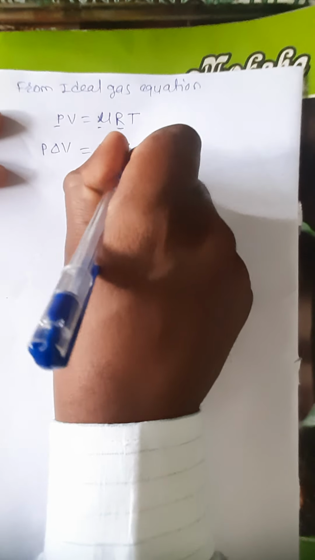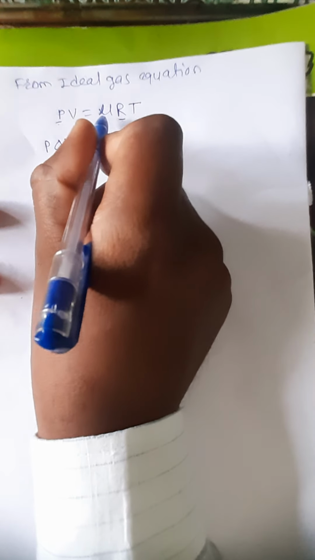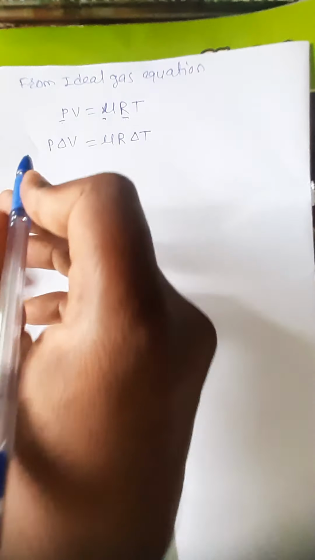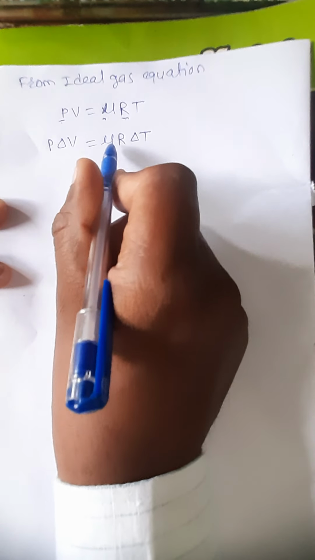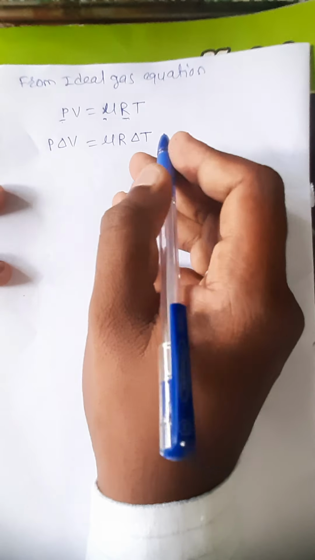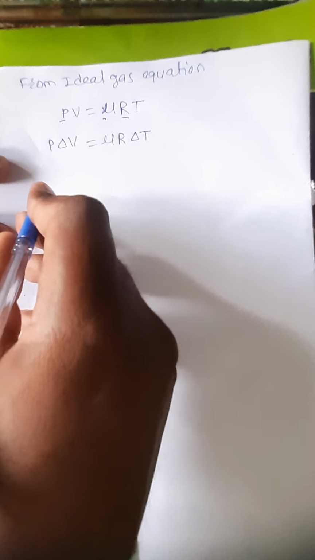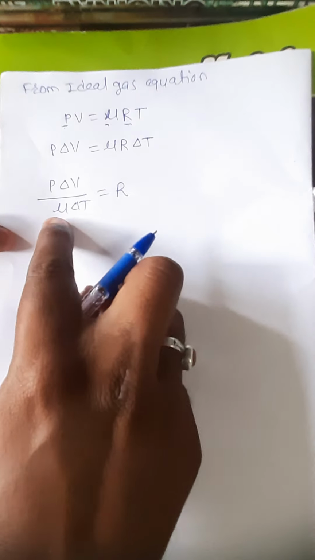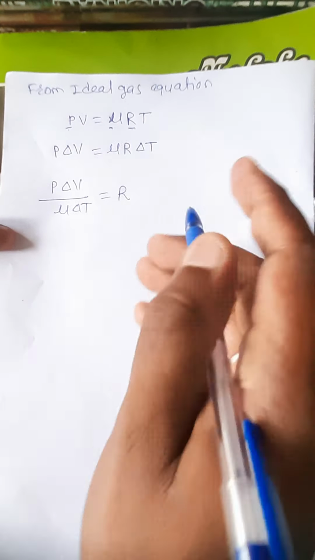Therefore it can be written as P into delta V is equal to mu R into delta T. This can be written as P into delta V divided by mu into delta T, which is equal to R. Now this is equation 3.